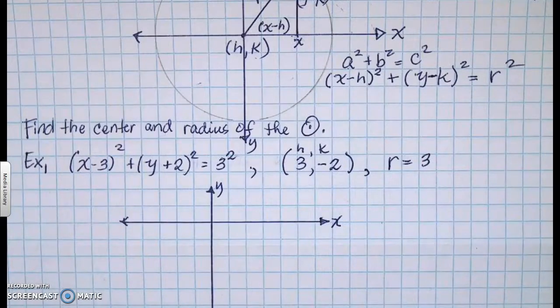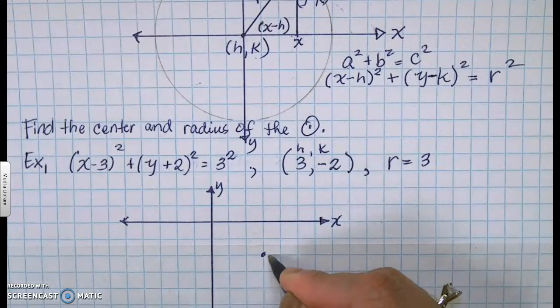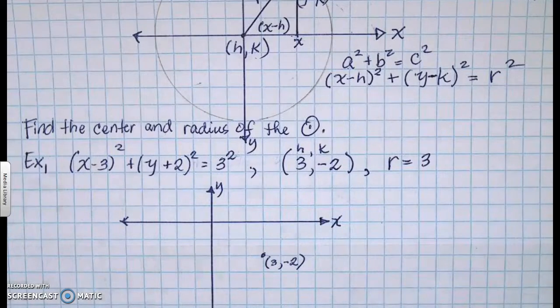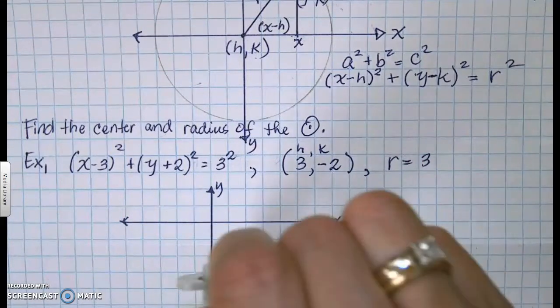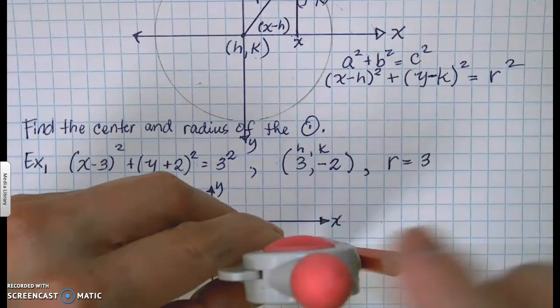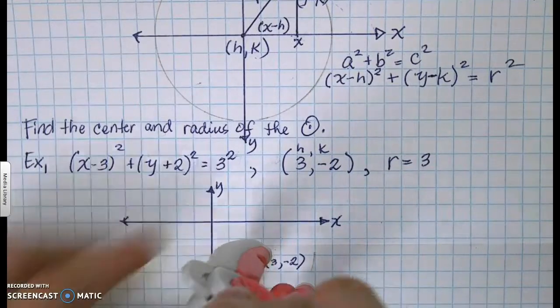Okay, so now our next task is to graph it. Our center is at 3 comma negative 2, and the radius is 3. So I'm going to grab my compass, and I'm going to make sure that it's opened 3 units, and I'll try my best.